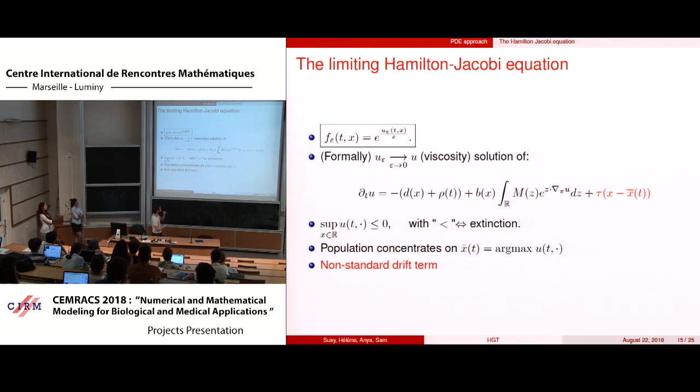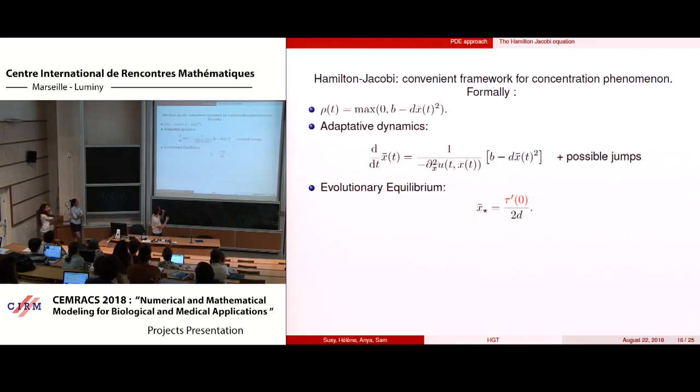And so from Hamilton-Jacobi you have a lot of results. You have a formula for the total population. You can have adaptive dynamics, so the equation for the evolution of the location of the fittest trait. We can formally compute the evolutionary equilibrium, which should be 0 if we discard the effect of horizontal transfer, but in our case it's not 0.